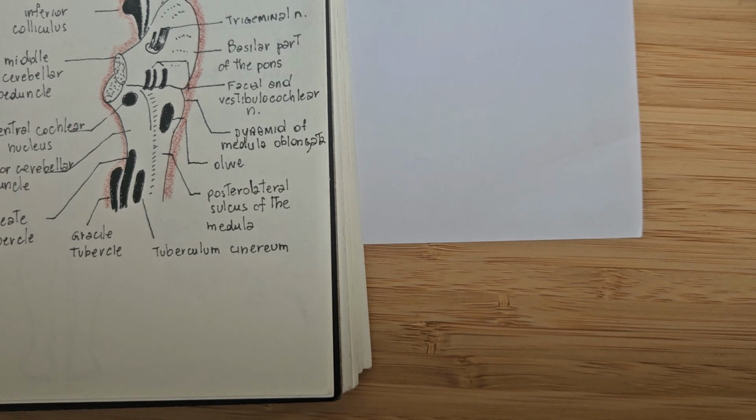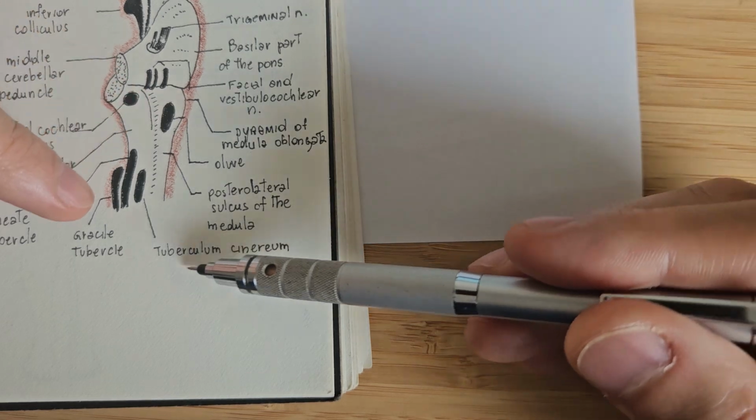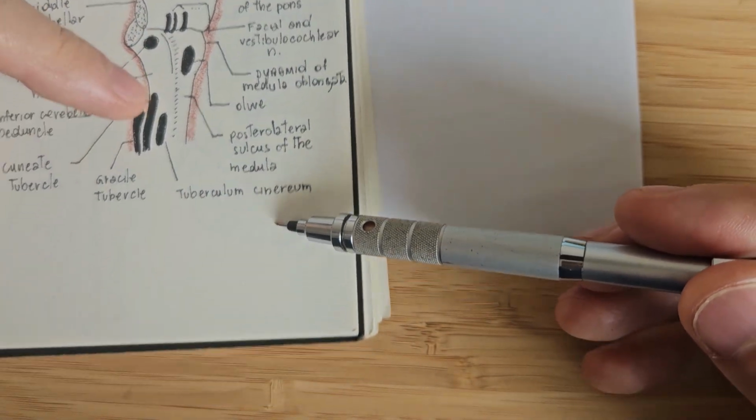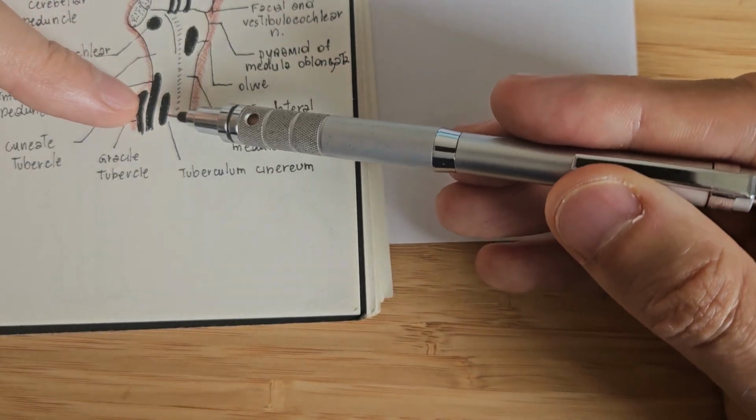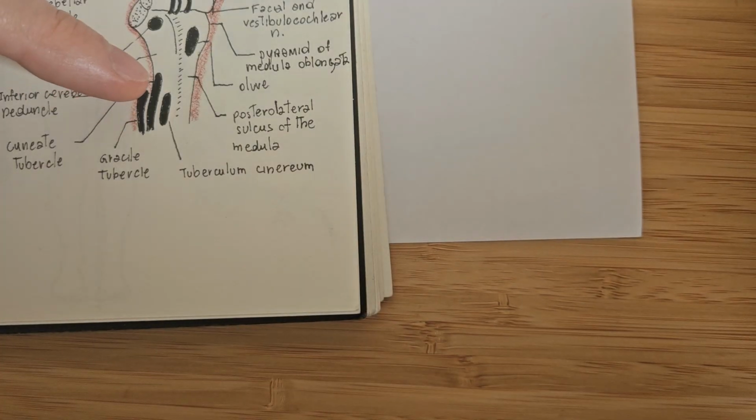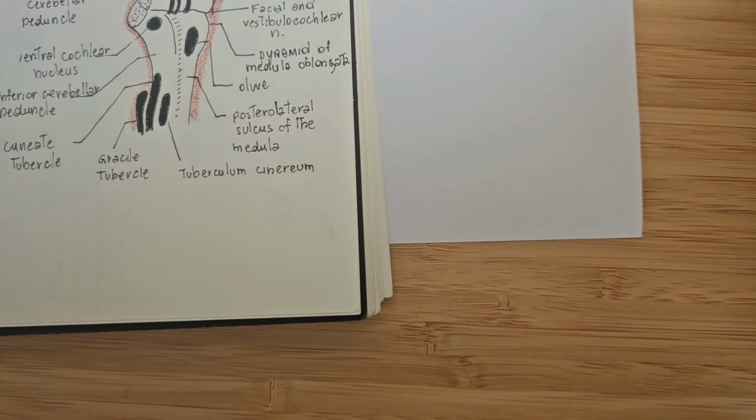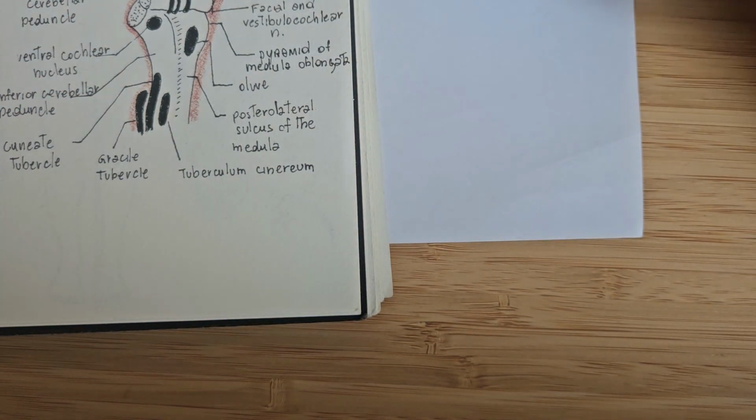Now, the tuberculum cinereum, which is this structure here, is a small elevation on the dorsal surface of the midbrain, and it contains the superior colliculus.